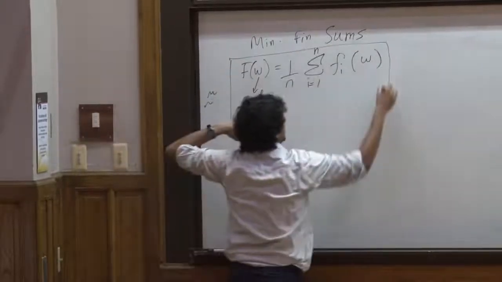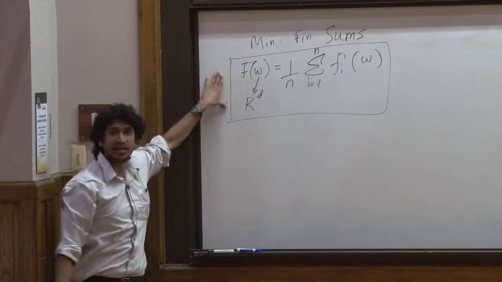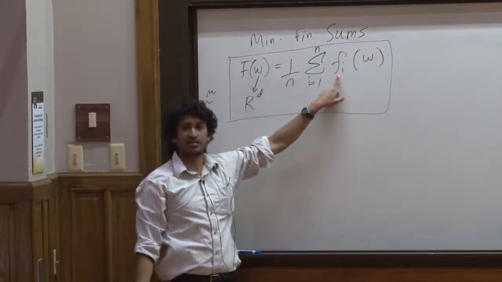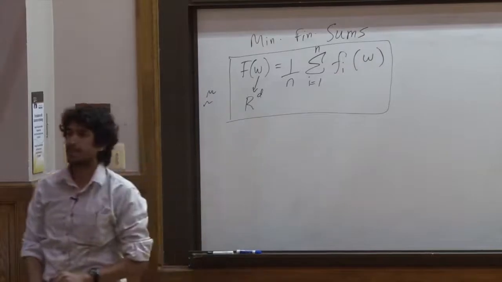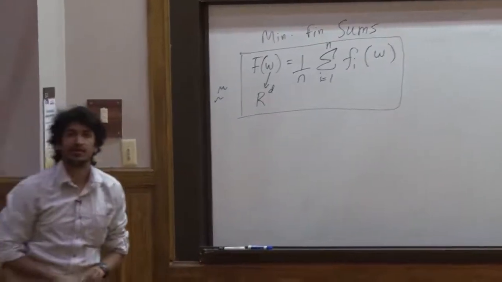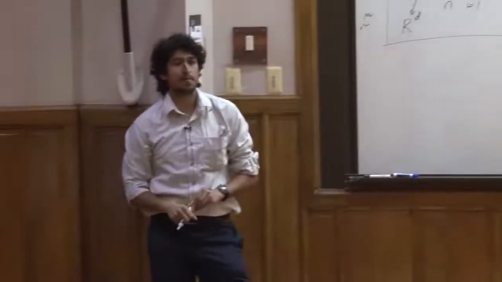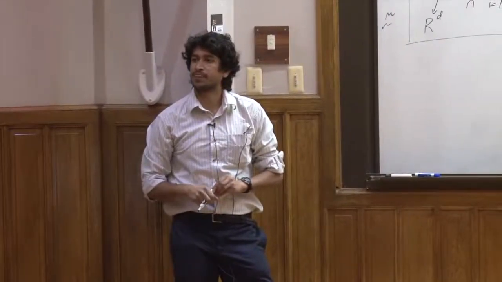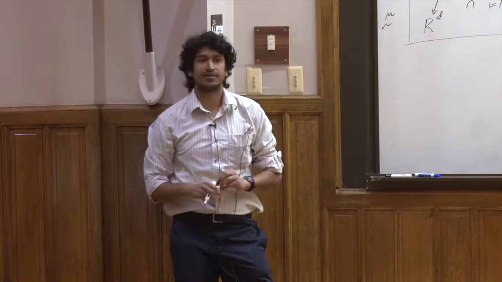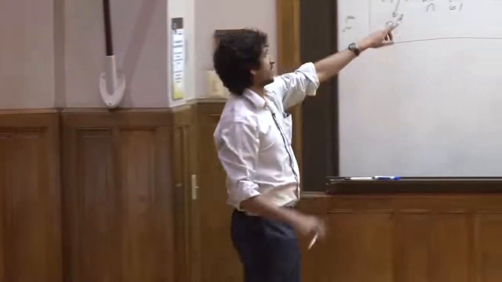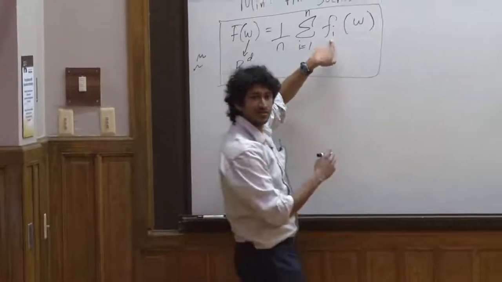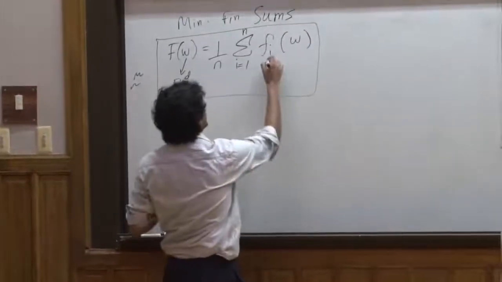This kind of problem arises in a lot of places in machine learning. Can people give me examples of different kinds of f_i that we might encounter? Empirical loss. Can you give an explicit example of such an f_i? The negative log likelihood. Cool. All right.